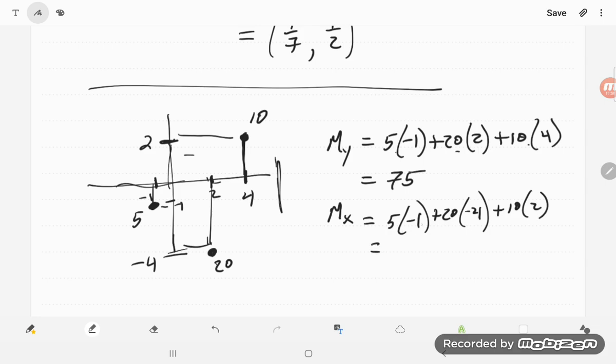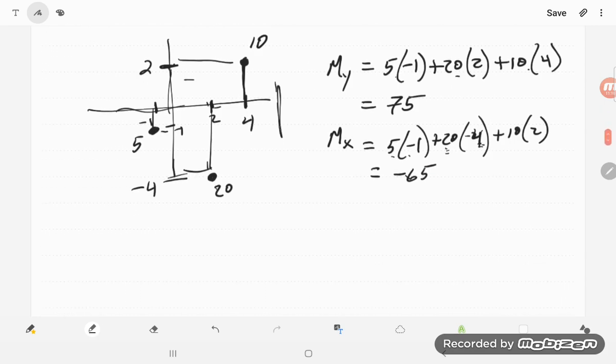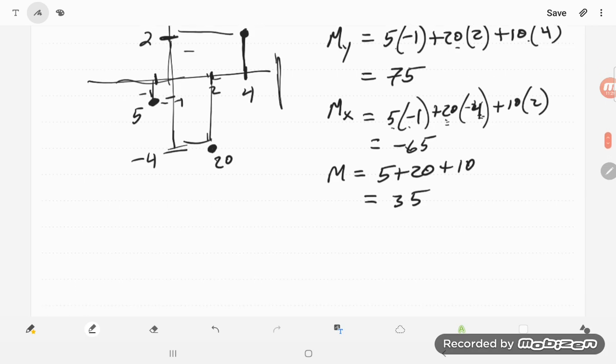And you see we get -5, -85 when we add that, plus 20, so we get a -65. And for m, we have 5 plus 20 plus 10, and so that's what, 35? So we get m of 35.